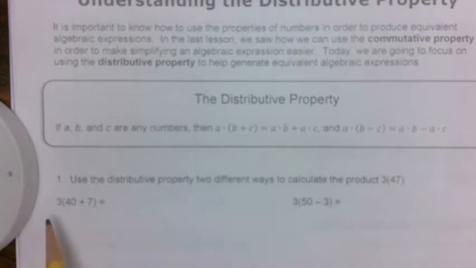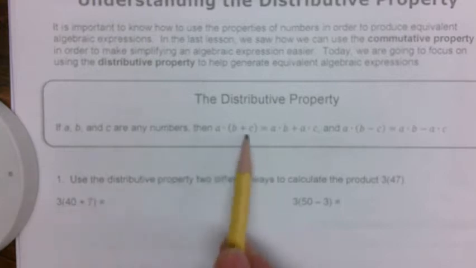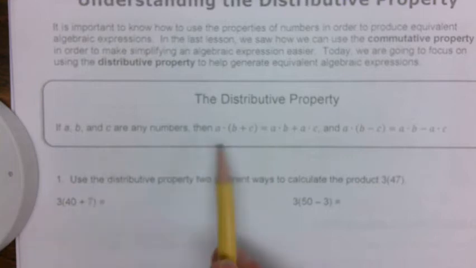We're going to show that 3 multiplying that sum and that difference will give us the answer to 3 times 47. In the first example, using addition, 40 plus 7 in the parentheses, we take the 3 on the outside and multiply it by both of the numbers on the inside.